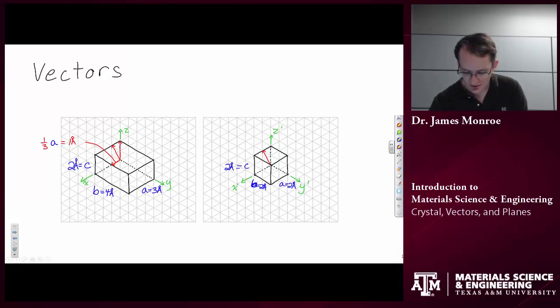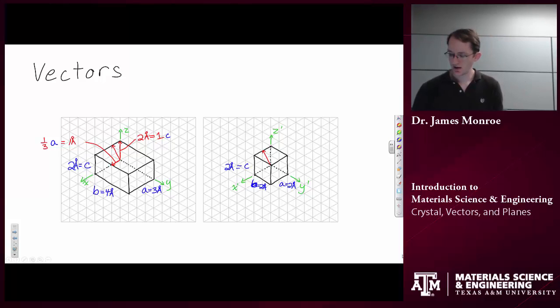We can see that this component of that vector is 2 angstroms, and if we compare it to the side C, we'd see that it is 1 times that side C.